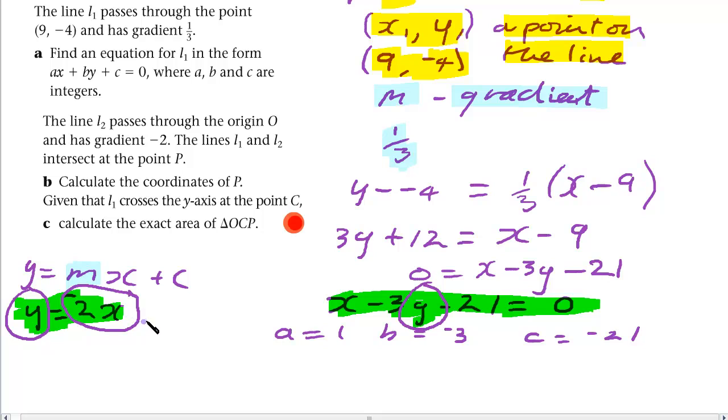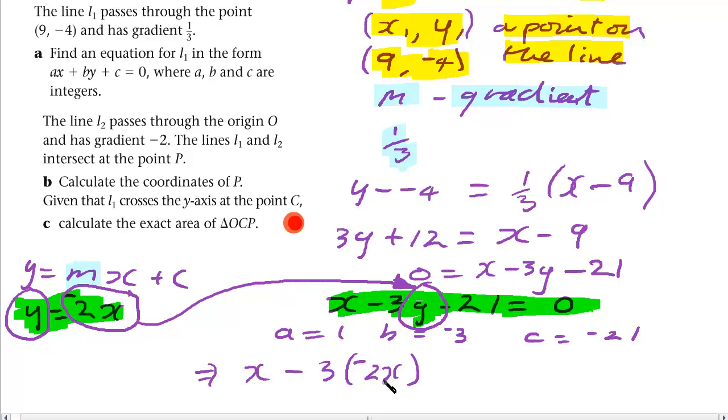That will eliminate y and leave an equation in x, and then once we've got x we can find y. So x equals minus 3 times, put it all in brackets, minus 2x. It's a good habit to put brackets in, because then you are less likely to make a mistake with the signs. Minus 21 equals 0.